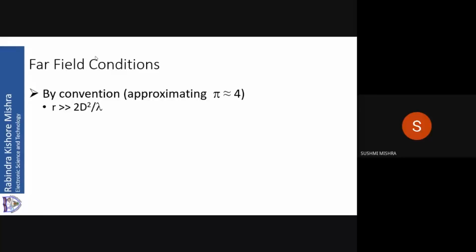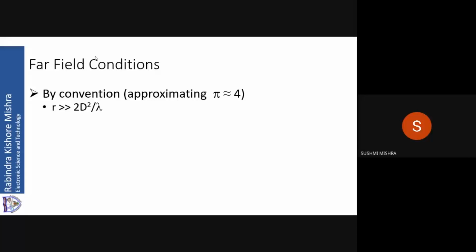Putting this in the previous expression, R much greater than pi D square by 2 lambda, taking pi approximately equal to 4, gives R much greater than 2D square by lambda, because for pi I write 4, and the 2 in the denominator cancels, leaving 2 in the numerator.